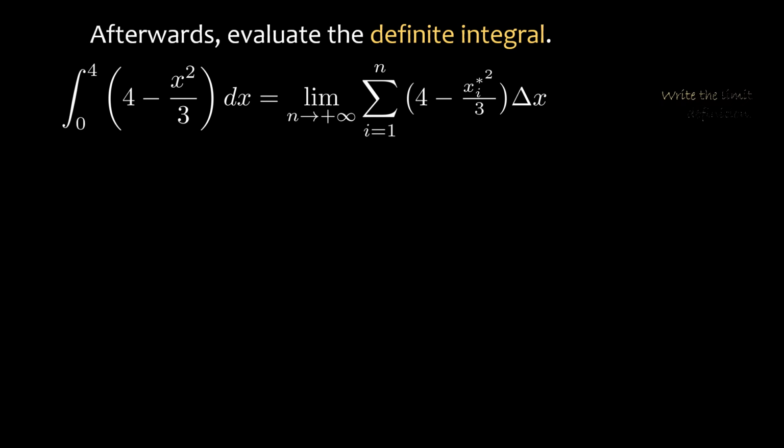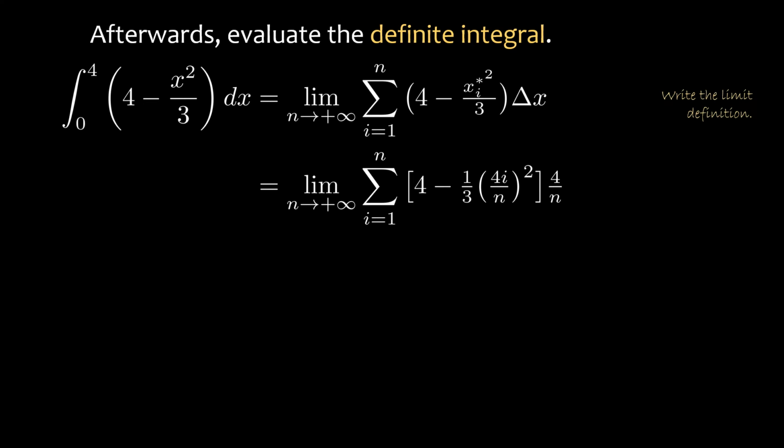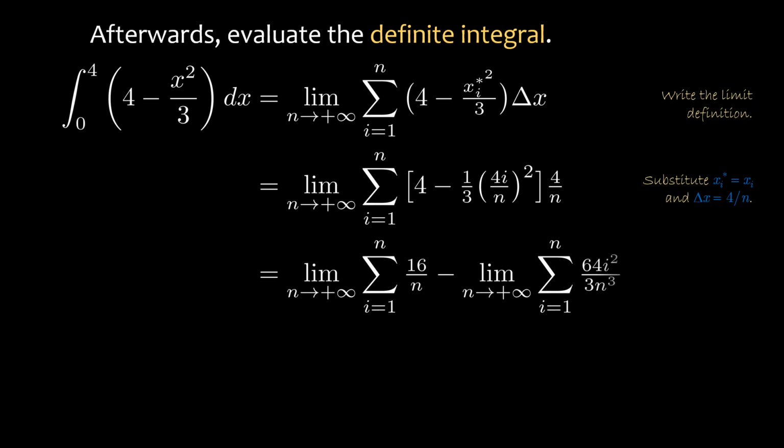Write the integrals in terms of the limit definition. Substitute the right endpoint as the sample point and delta x equals 4 over n. Distribute the constant and the summation.